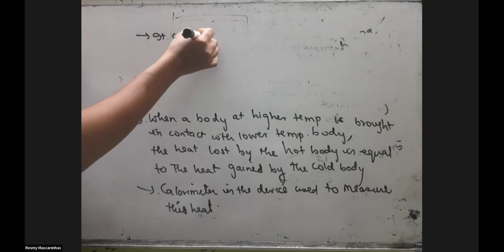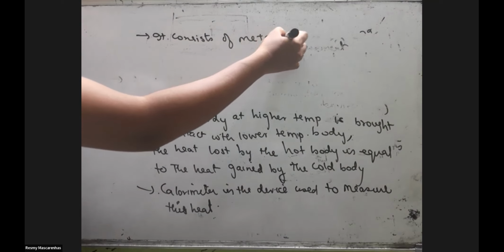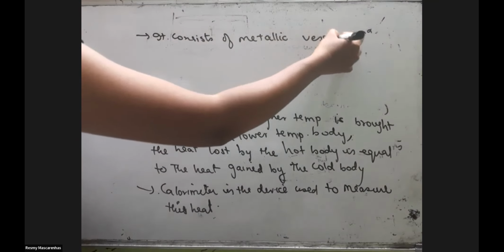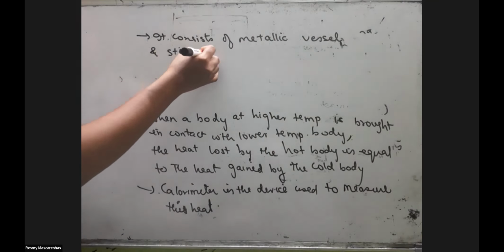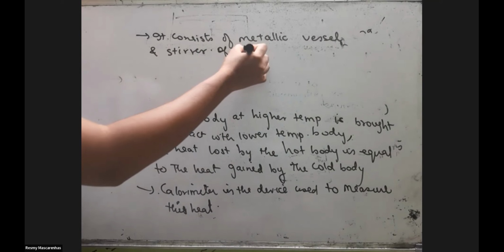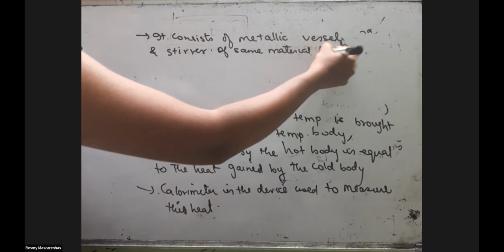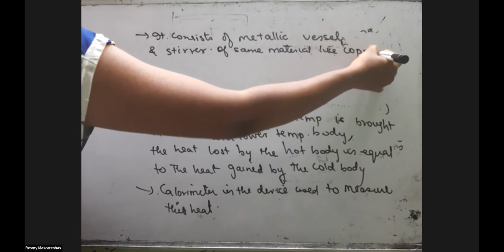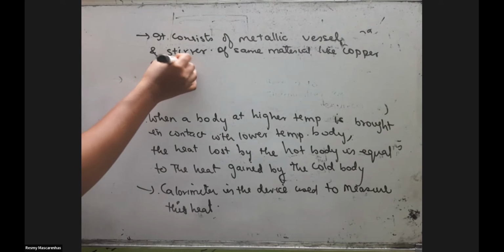It consists of a metallic vessel and stirrer of the same material, like copper or aluminum. That outer body is made up of copper or aluminum, and then it is insulated.